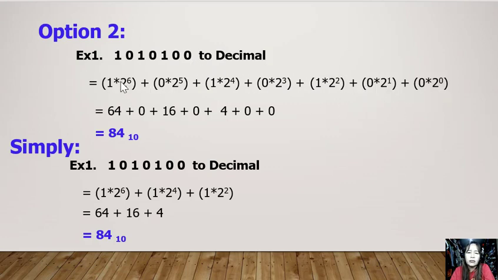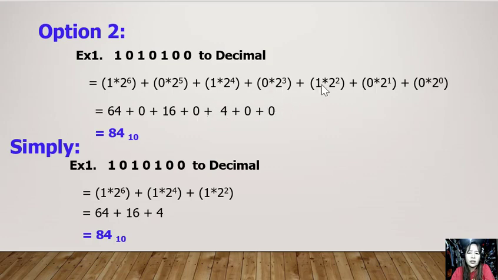So if you're going to compute 1 times 2 to the power of 6, that's equivalent to 64. 0 times 2 to the power of 5 is 0. Again, any number multiplied by 0 is always 0. So 16 is the next value here, and that comes from 1 times 2 to the power of 4. The next one here is 0 times 2 to the power of 3, which is 0.